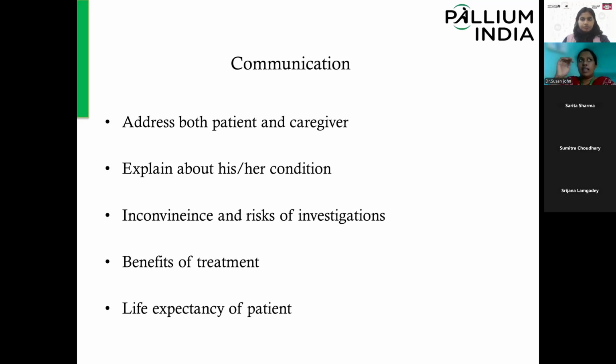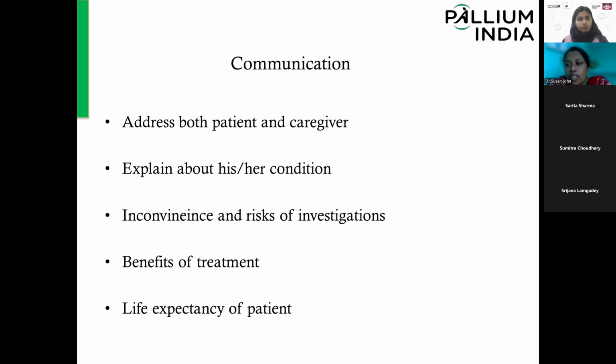Usually we say that palliative care starts at the time of diagnosis. So for non-cancer patients like COPD or interstitial lung disease, when you get the patient in the initial stages of disease, you have to start communication earlier about the anticipated complications and prognosis of the disease. You have to address both patient and caregiver.